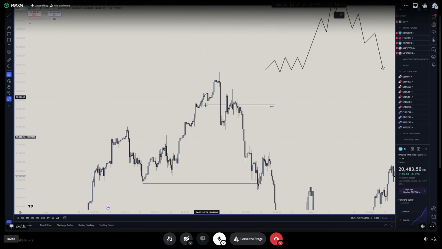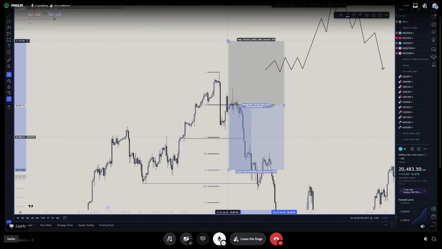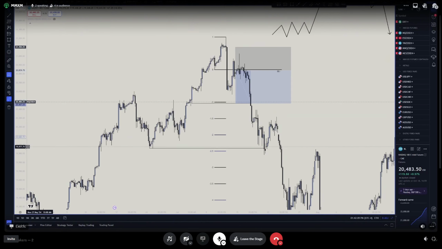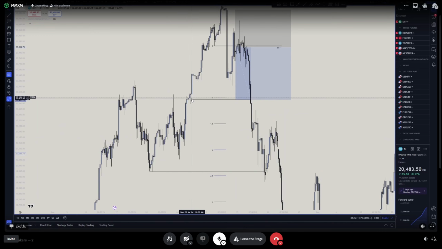I'm going to line up our standard deviations here, just like so, right? Now, what's your target if you're entering off of here? If you're entering off this unicorn to go into your sell model, well, your first target would be here, or possibly your terminus, depending on how much you trust the sell model.